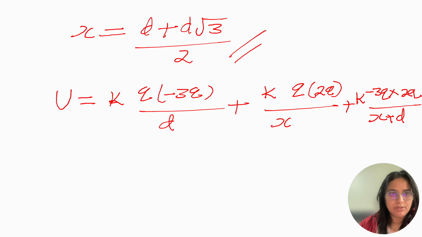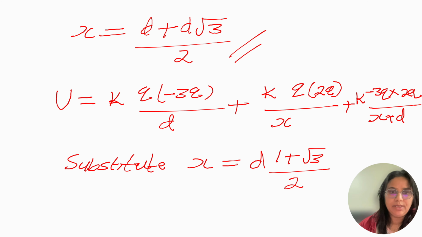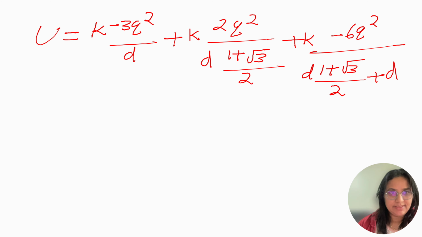Now substitute x equal to d into 1 plus root 3 divided by 2 in the above equation. U equals K into minus 3q square divided by d, plus K into 2q square divided by d into 1 plus root 3 by 2, plus K into minus 6q square divided by d into 1 plus root 3 by 2 plus d.